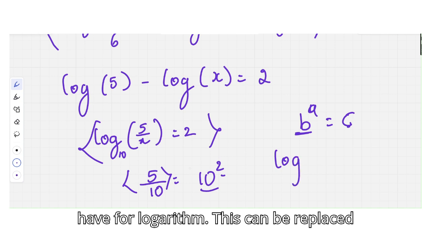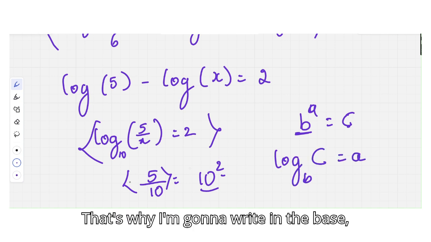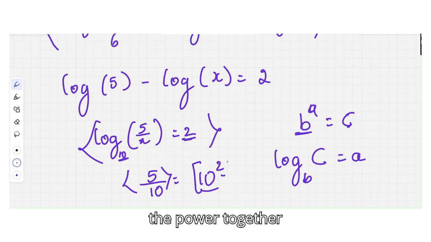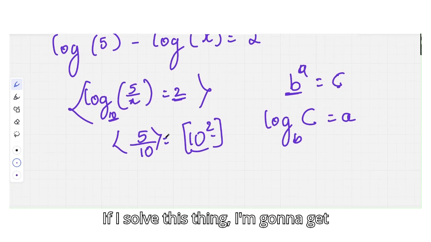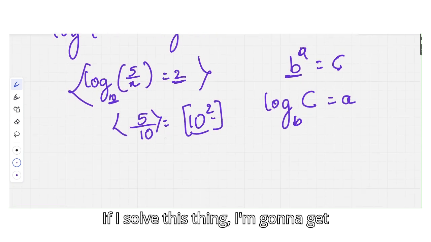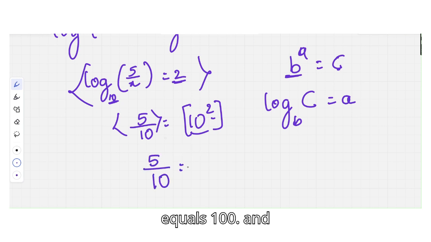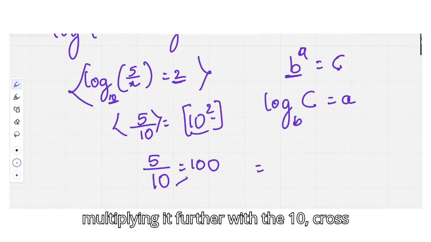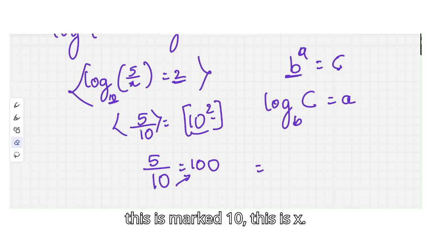This can be replaced like log C base B equals A. That's why I'm writing the base and the power together, equated to the solution, which is 5 by x. If I solve this, I'm going to get 5 by x equals 100, and cross multiplying, I'm sorry, this is not 10, this is x.